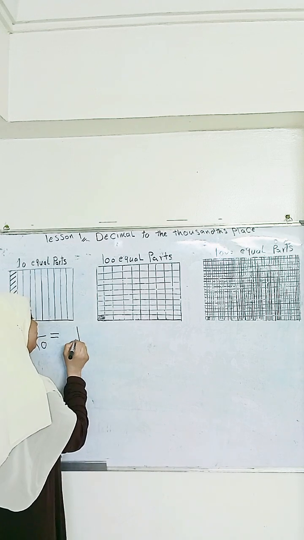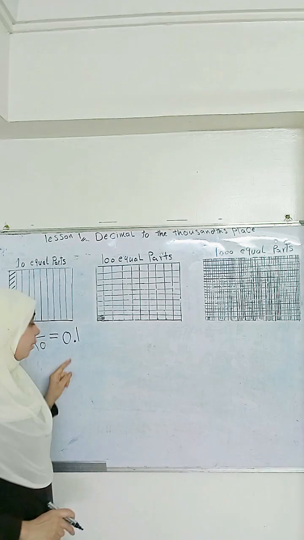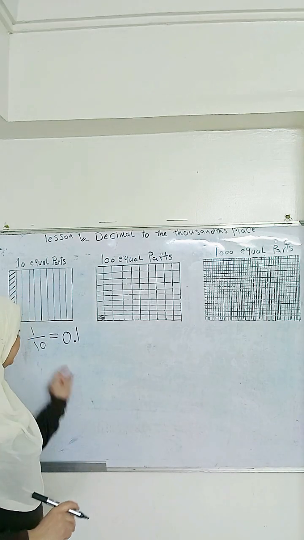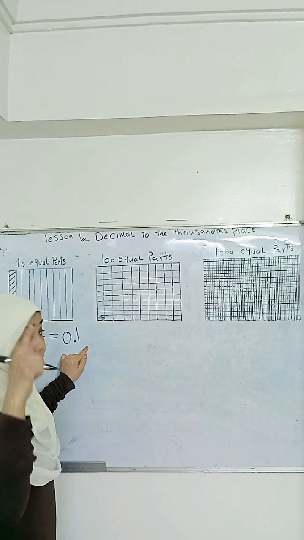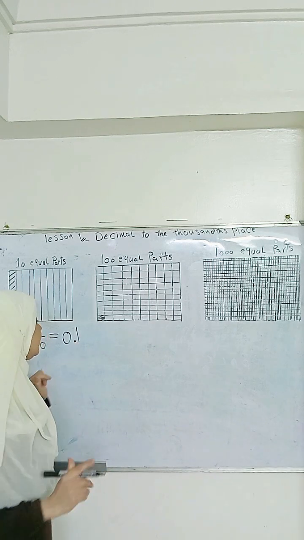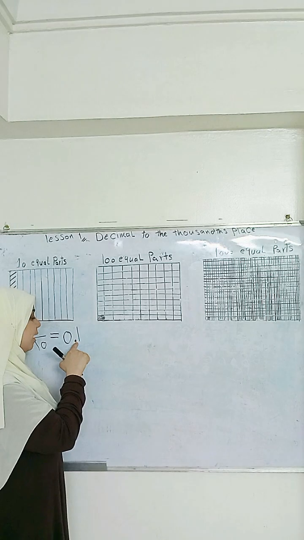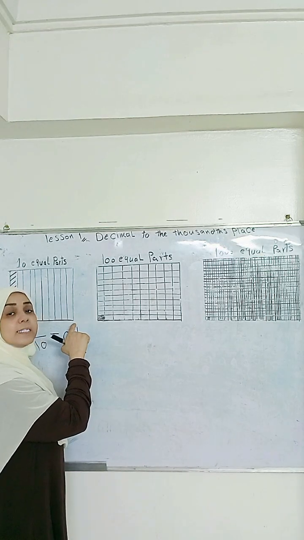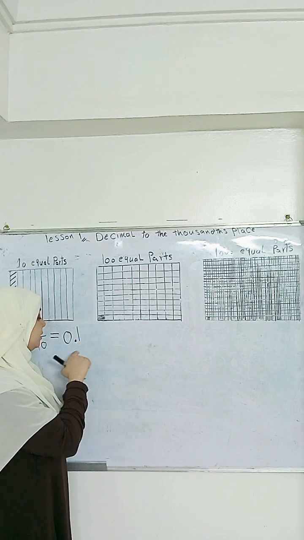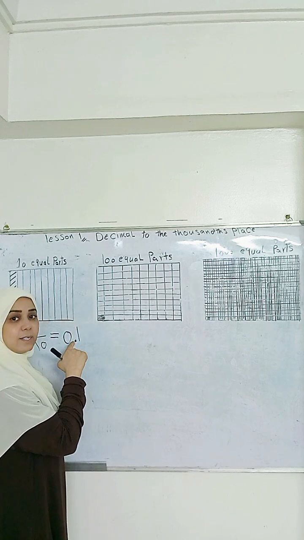After 1, we will put the point. We will put 0. That means 1/10. Do you remember? The first house after the decimal point is tenths. That means this is 1/10.